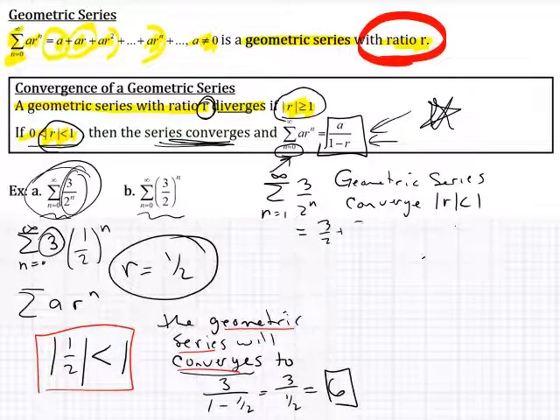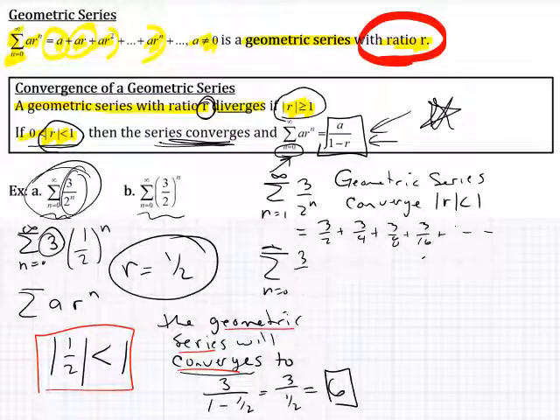If n equals 2, you would get 3 over 4, then 3 over 8, then 3 over 16, etc. And you added all that up versus this series, which is 3 over 2 to the n, where n starts at 0, this would be 3 plus 3 halves plus 3 fourths plus 3 eighths plus 3 sixteenths. And I know when I add all that up, it's going to add up to 6.